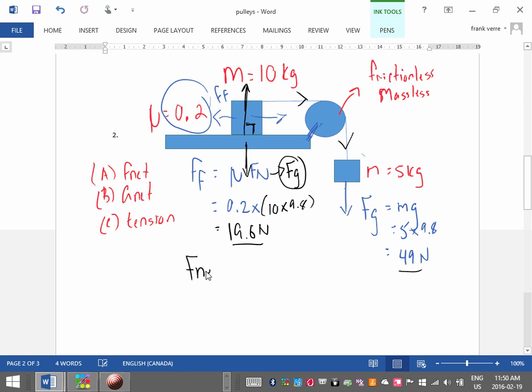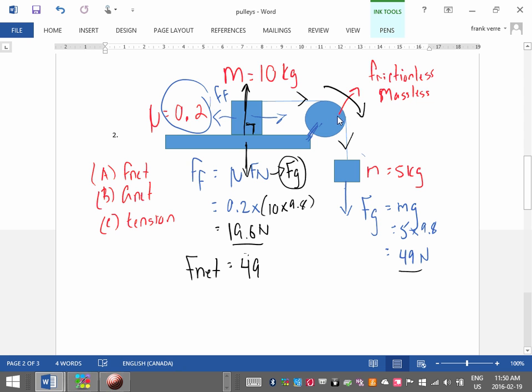If we did our net force calculation, we can make clockwise positive again. So we can say 49, because it's going to want to rotate the pulley clockwise. We'll make that positive, which means this force is going to do the opposite.